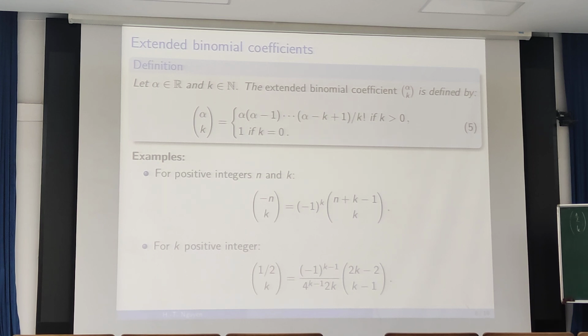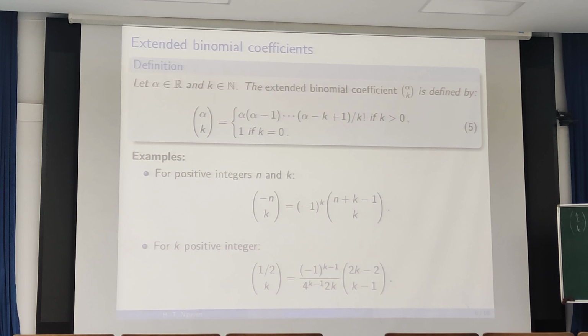We do it step by step. We keep the 1 over k factorial here, and the next step we want to get rid of all the minus signs. How many minuses are there?